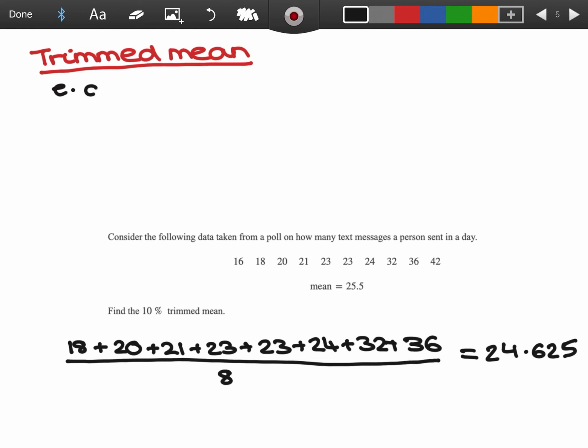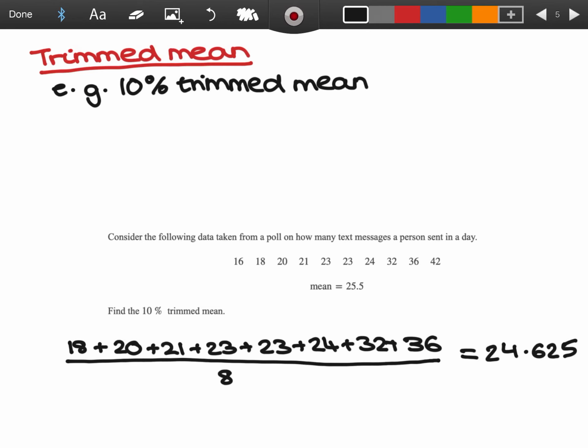And what that does, let's say you had a 10% trimmed mean. A 10% trimmed mean would get rid of your top 10% of data and your bottom 10% of data. So if you had 100 data points and they said to you, find the 10% trimmed mean, 10% of 100 is just 10.